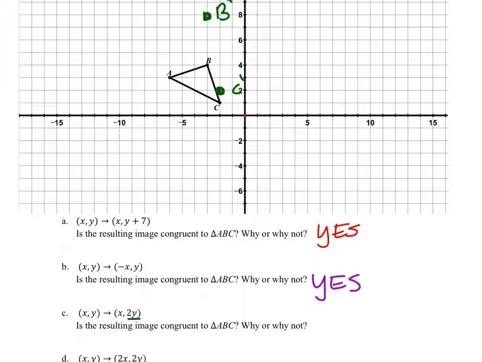A keeps the x value, but the y value doubles to give us A prime. So we have this shape. This shape right here, well, this is the same shape, but now it is a different size. So the answer is no.